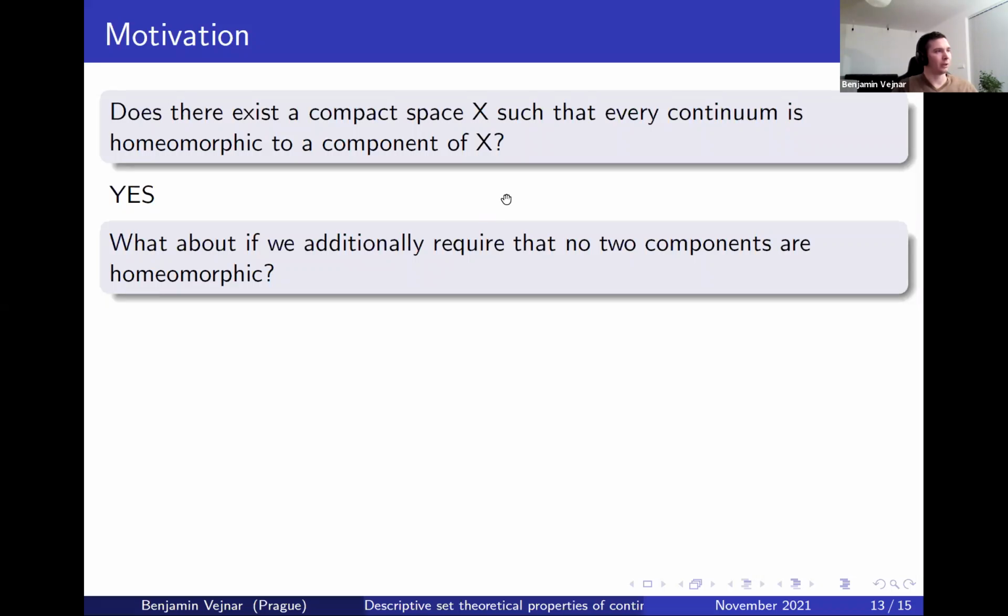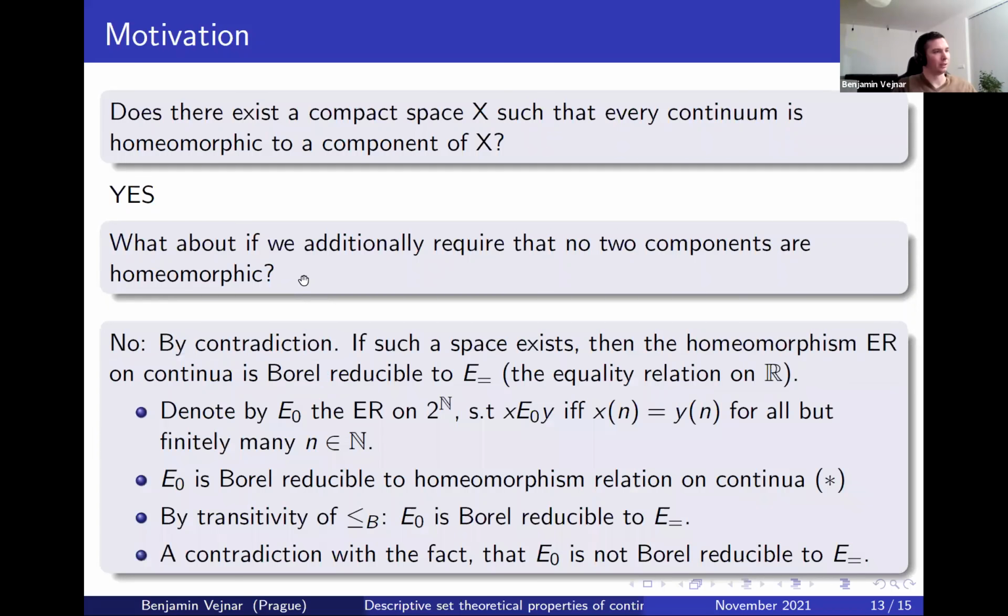And I explained why the answer is yes, but we can additionally require that no two components are homeomorphic. And I told you that this is not possible, and now I will explain why it is so.